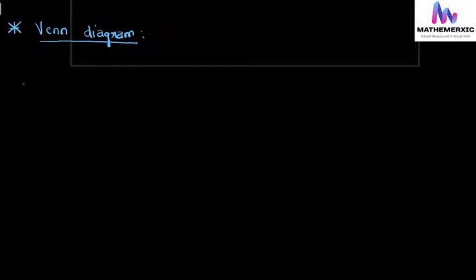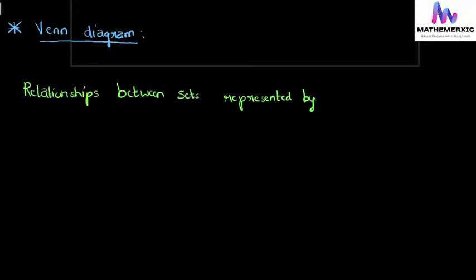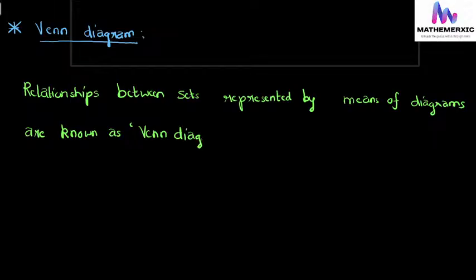So we can make a definition here: relationships between sets represented by means of diagrams are known as Venn diagrams.